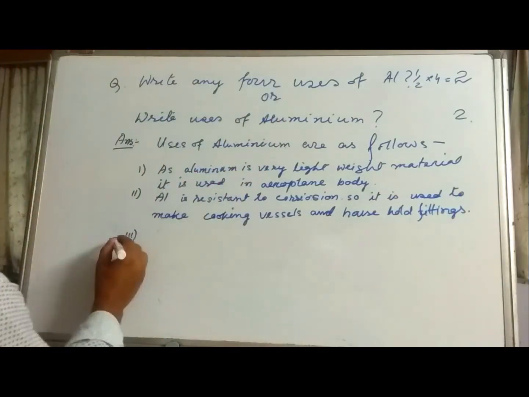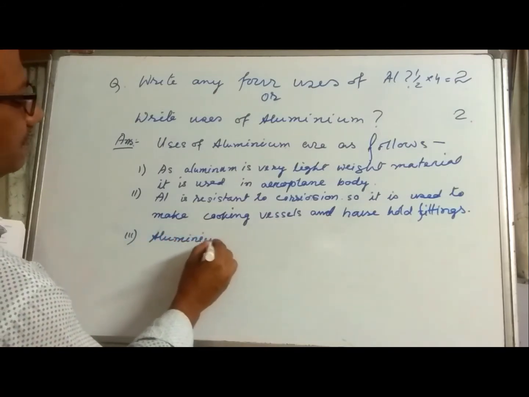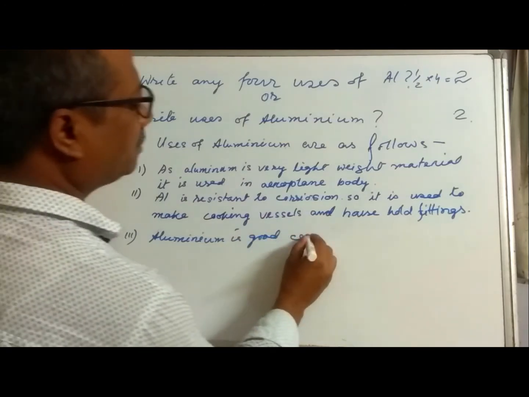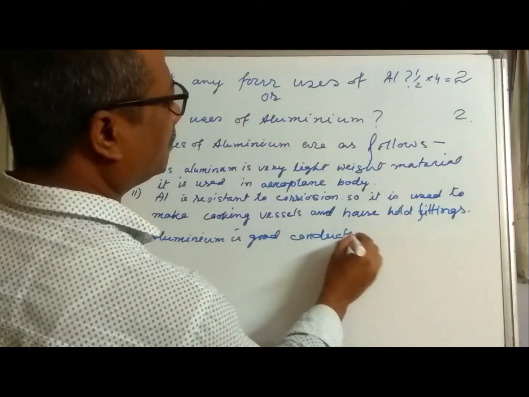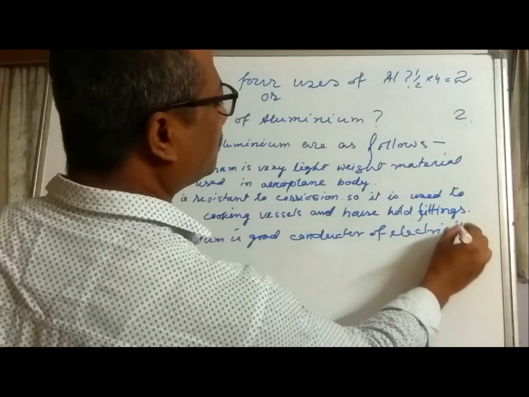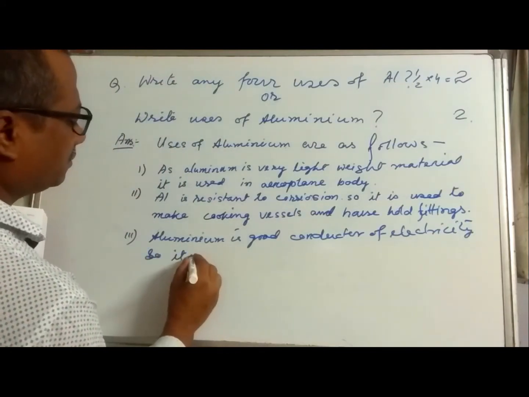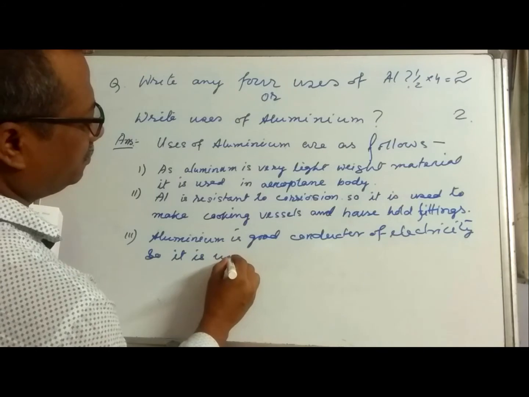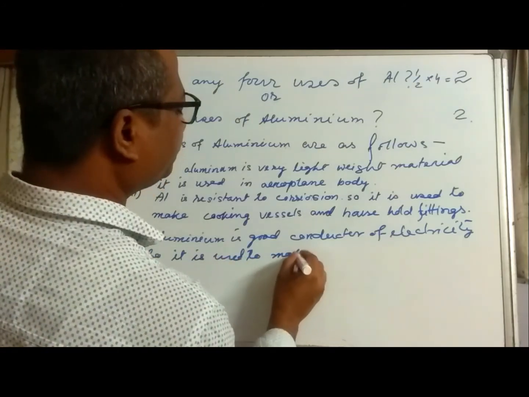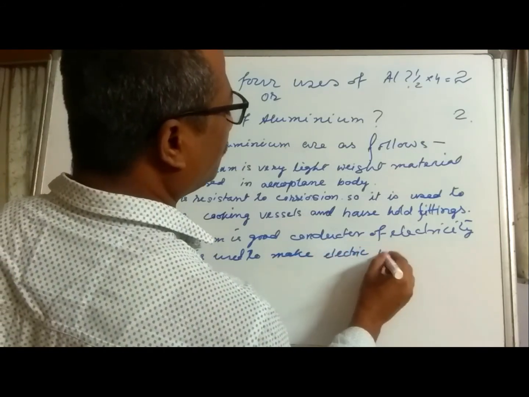Number 3, aluminium is a good conductor of electricity, so it is used to make electric wires.